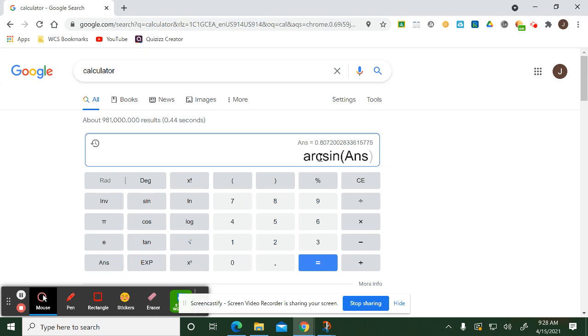Now it's going to take the inverse sine of whatever I got as my last answer. I'm going to do that because it gives me a more accurate result. If I rounded off that answer, it would still give me something pretty close, but I'm going to have more error. So if you can, try to plug your answer back into the calculator like that. Anyway, let's see what that gives me.